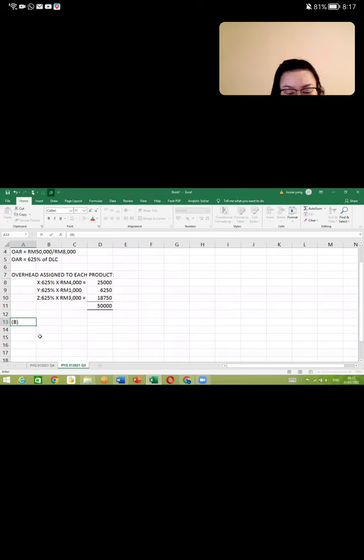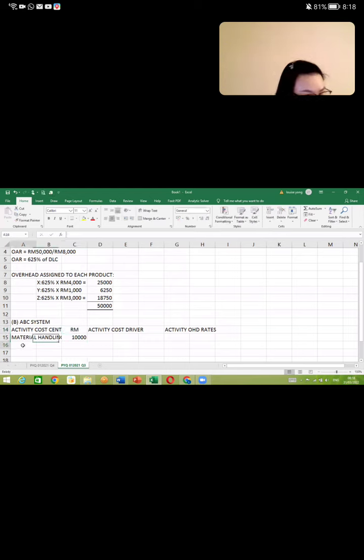So B here uses the ABC method. First your activity cost center, then your activity cost driver, then after that your activity overhead rates. Your cost centers here: material handling is 10,000, then your QC is 20,000, then electricity is 20,000.